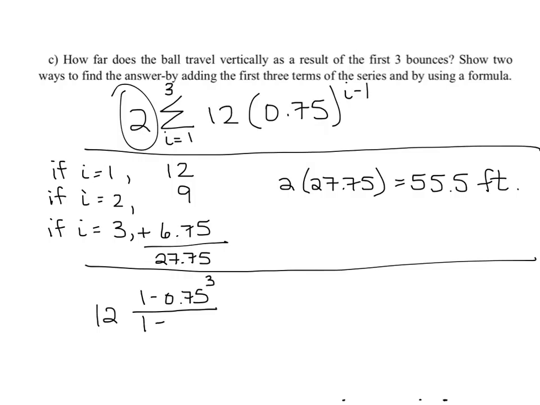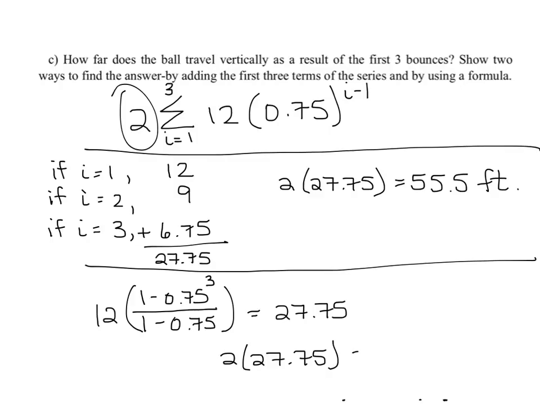And on the bottom of that fraction, 1 minus the rate. So we have that. Now when I put that in the calculator and I work it out, I wind up with 27.75, but again, we've got two bounces, so 2 times 27.75 equals, well, wow, 55.5 feet. Lovely.